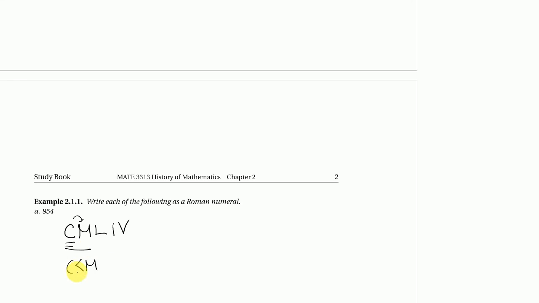We have to think all together. If the first symbol is smaller than the second symbol, then you have to think all together, which means what? The smaller one must be subtracted from the greater one. So from 1,000, we have to subtract 100, right? That's the same as 900, right?